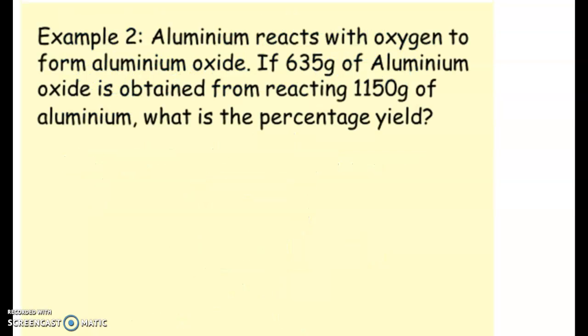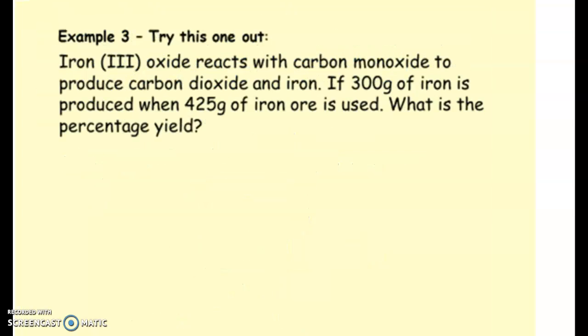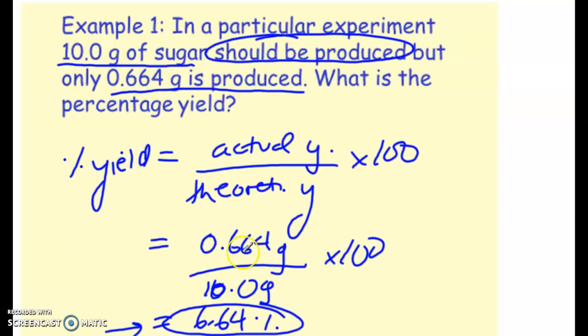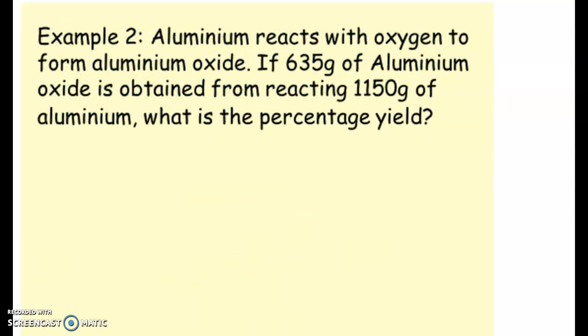So that was very quick, just to get you used to the idea of this calculation. Let's look at one that involves a chemical reaction. Aluminum reacts with oxygen to form aluminum oxide. If 635 grams of aluminum oxide is obtained from reacting 1,150 grams of aluminum, what is the percentage yield?